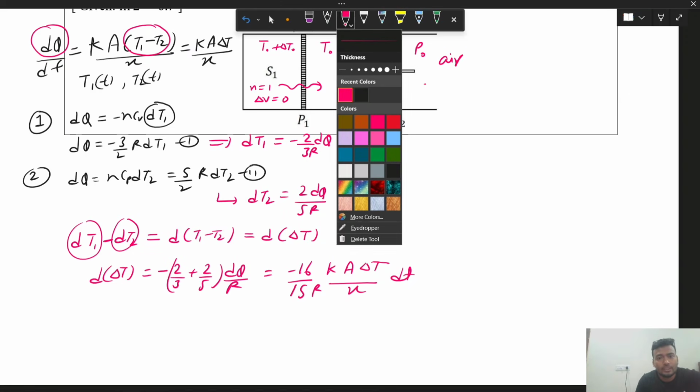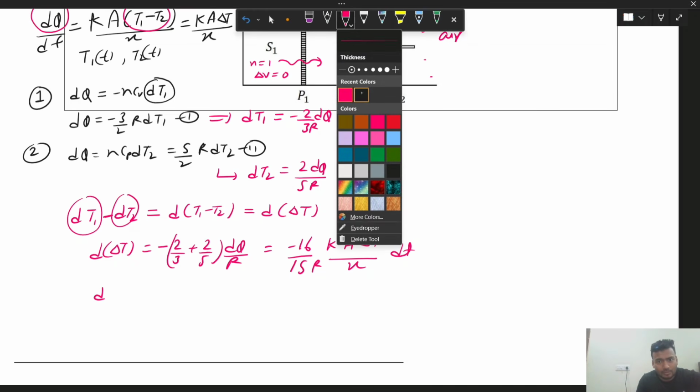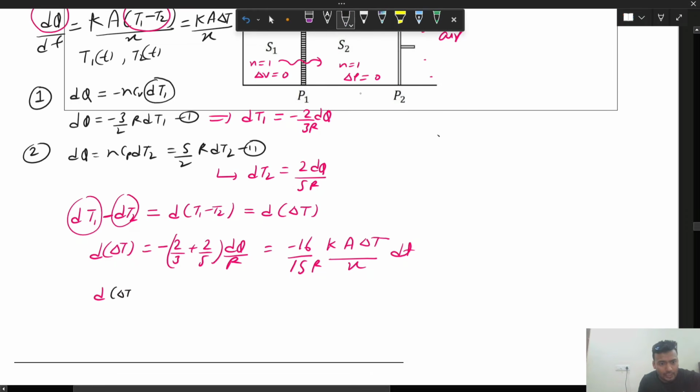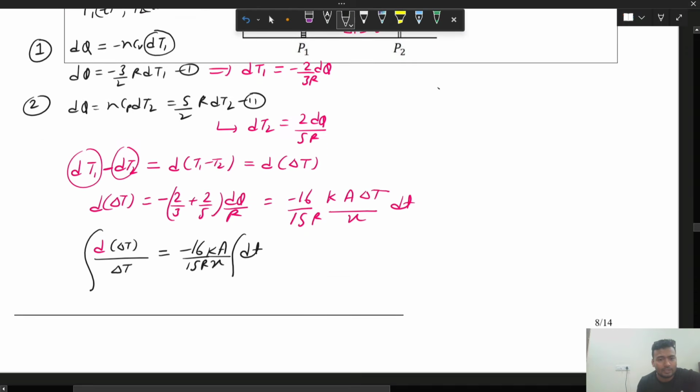Okay, now after this we are very close to the final integral equation. So you can separate similar types of variables here. So d of delta T divided by delta T. Now this makes sense. You can easily integrate it. So minus 16 by 15R, kA by x as it is, and then dt. Integrate, integrate. x is not a variable, x is actually the width of that conducting plate.